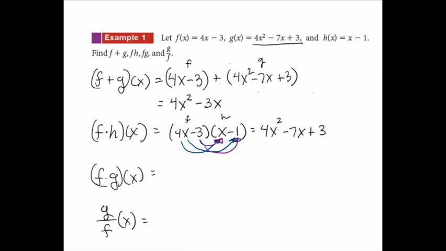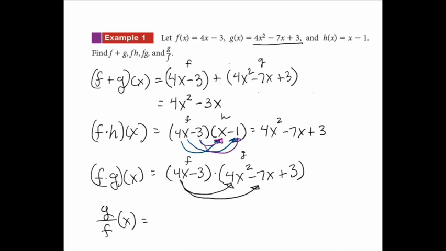All right, now we're going to do f times g, not f times h. Okay, f is going to be 4x minus 3, and I'm going to multiply that by g. So here's my f, here's my g. I'm going to multiply by 4x squared minus 7x plus 3. We have to take the 4x times the 4x squared, times the minus 7x, and then times the 3.